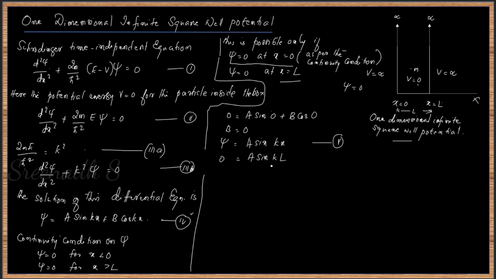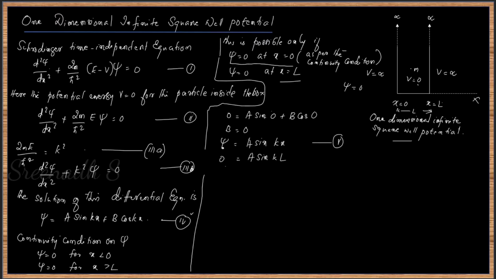So that means a sine kL is equal to 0 means a will not be equal to 0. Here a will not be equal to 0 because we have seen psi is equal to a sine kx. If the amplitude of the function is equal to 0, it is impossible because then psi will vanish.